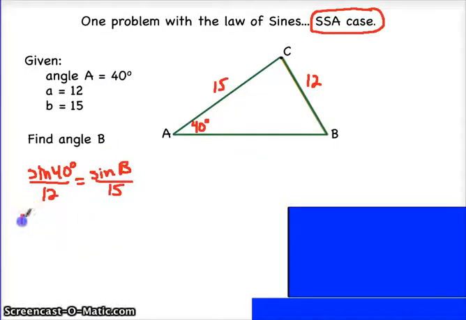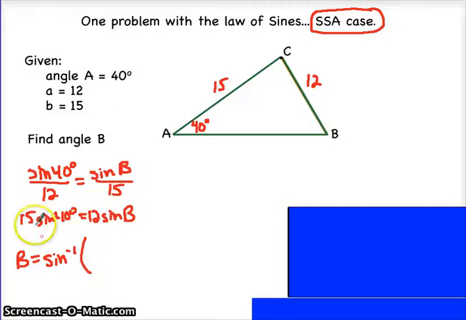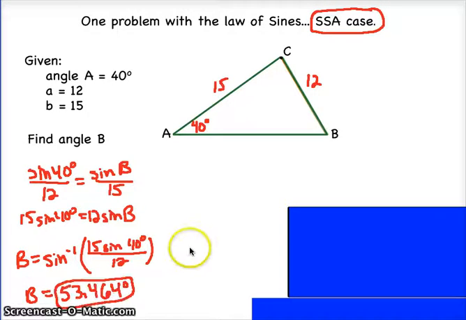If you do a couple of quick calculations, a little cross multiply and divide, you'll find out that sine B will be equal to 15 sine 40 divided by 12, and in that case, angle B will be equal to the inverse sine of 15 sine 40 degrees all over 12, which means that angle B will be equal to 53.464 degrees.